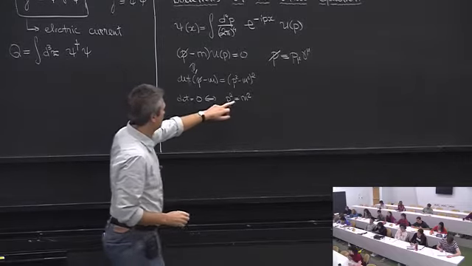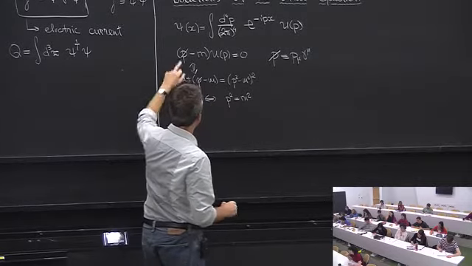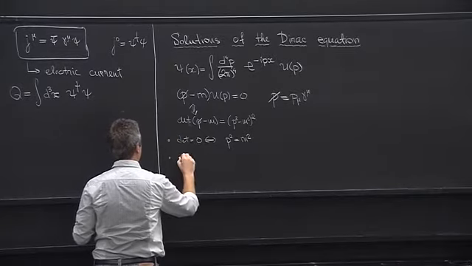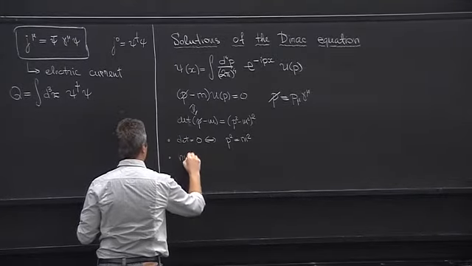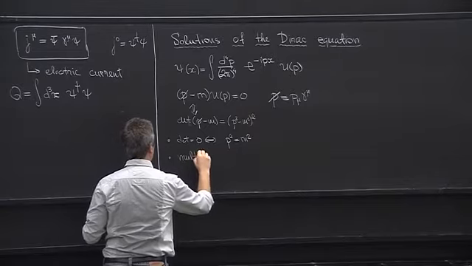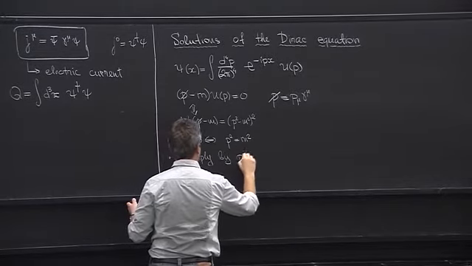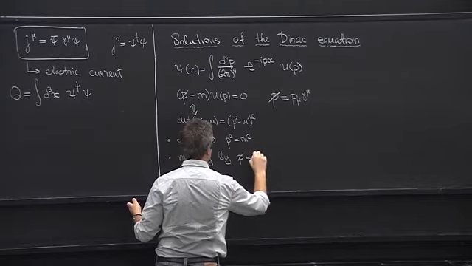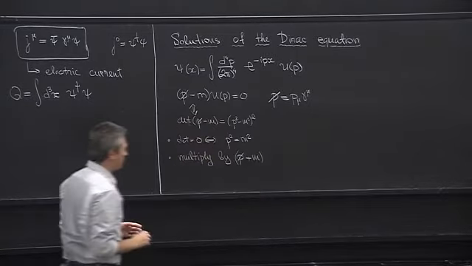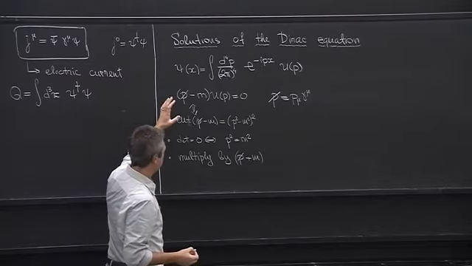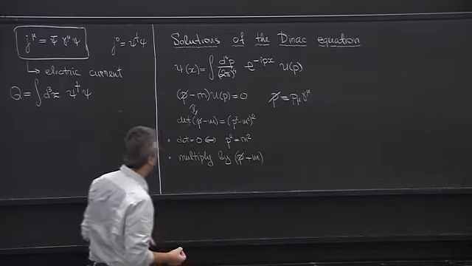Another way to see that this is a necessary condition is to multiply. So this is one way to see. Another way is to multiply by p slash plus m. And then use the same trick that we did when we derived the Dirac equation.